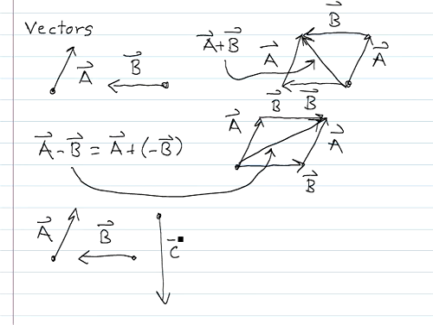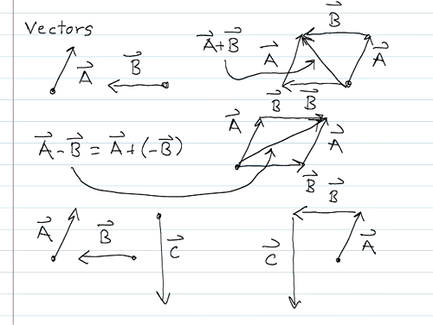Now in this case you can't use the parallelogram method because there's more than two vectors. So you have to use the tail to tip method. So I'll start with the vector A. So I'm adding all three vectors together. Then where A ended, I'll draw a B. There's B. And then where B ended, I'll start the vector C. So there's the vector C.